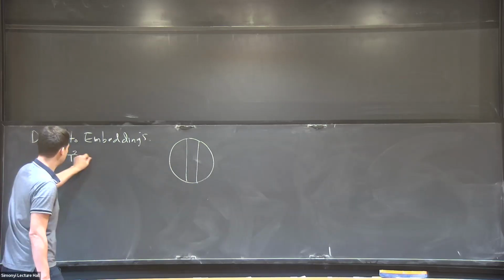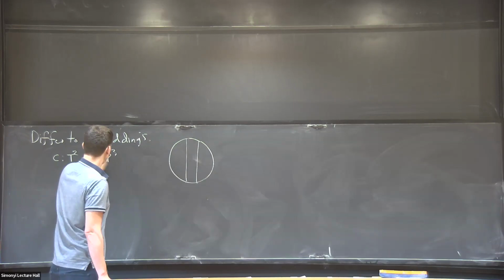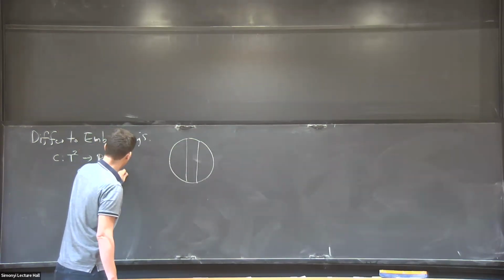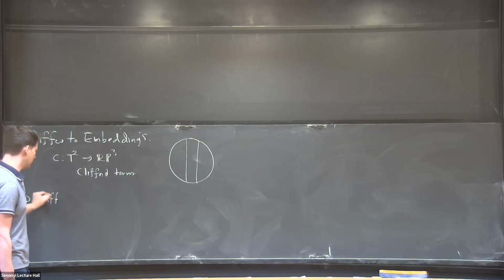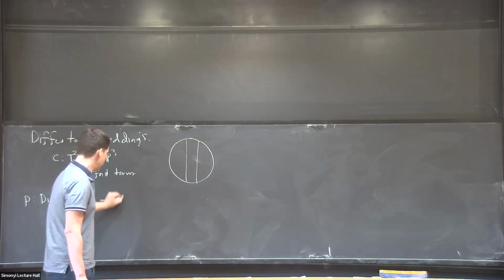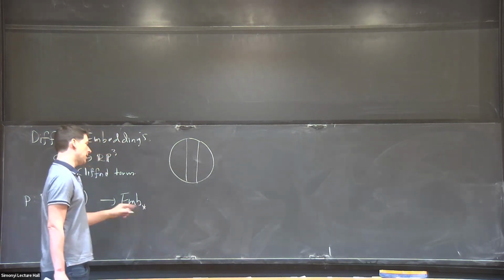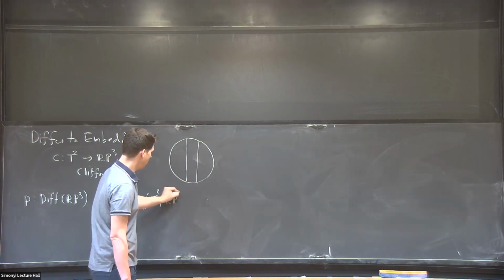You can project the space of all diffeomorphisms of RP3 onto the space of these nontrivial Heegaard embeddings of T2 into RP3.